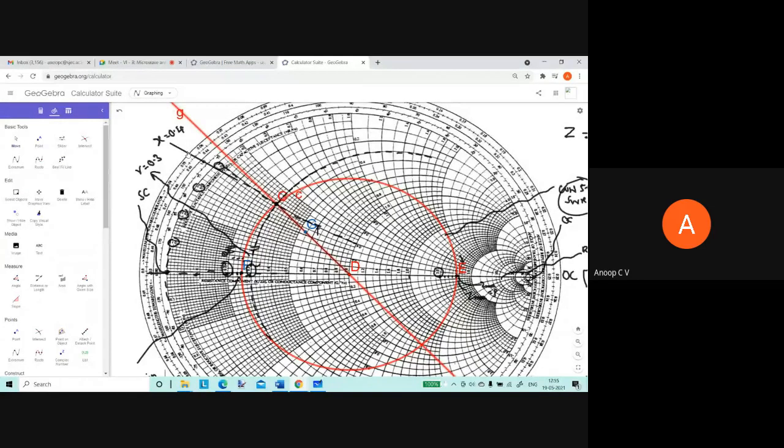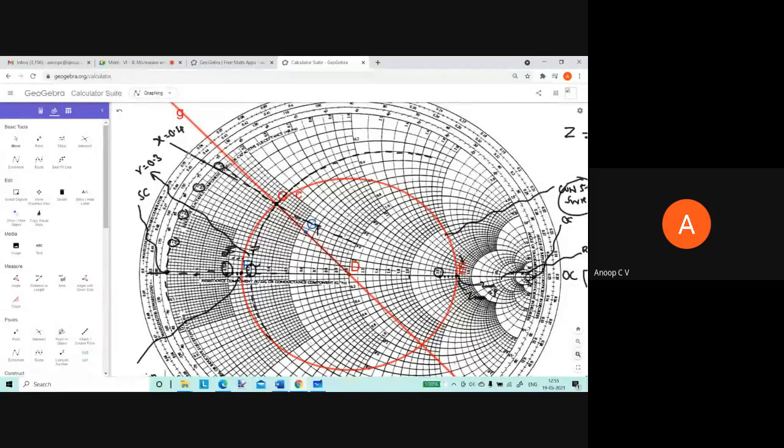So when you interpolate the line DC, it will intersect the circle on which wavelengths towards generator distance is marked. That is 0.062. Now that distance is 0.062, so I'll write it as DL equal to 0.062.